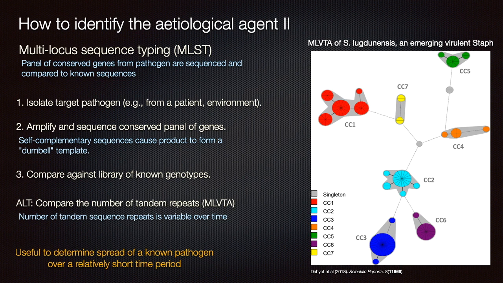We can use information such as this to track the spread of a pathogen from person to person, or for waterborne or foodborne illnesses, determine the likely environmental source for an infection.